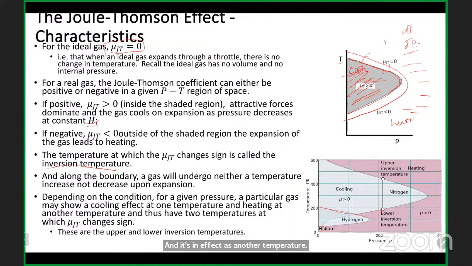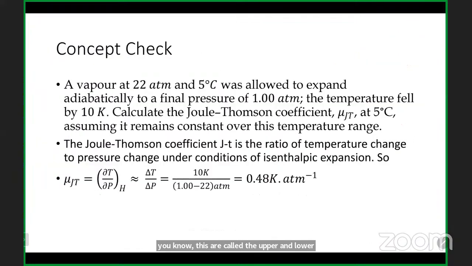So at temperatures around here, nitrogen will cool. Temperatures around here, nitrogen will heat up. These are called the upper and lower inversion temperatures.